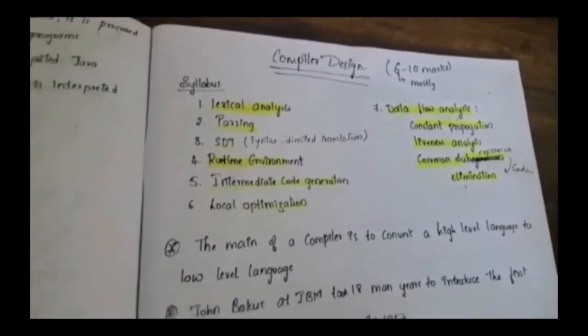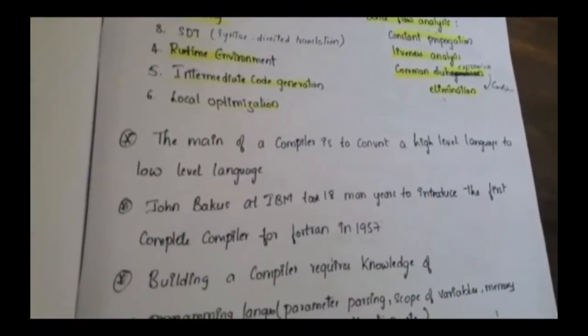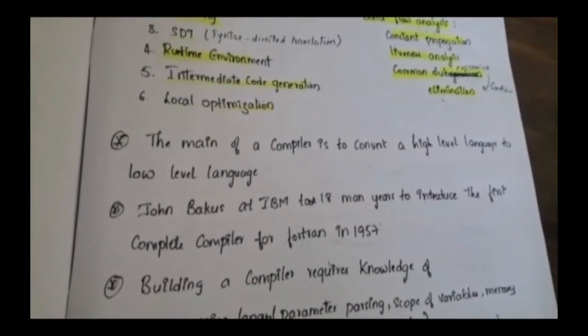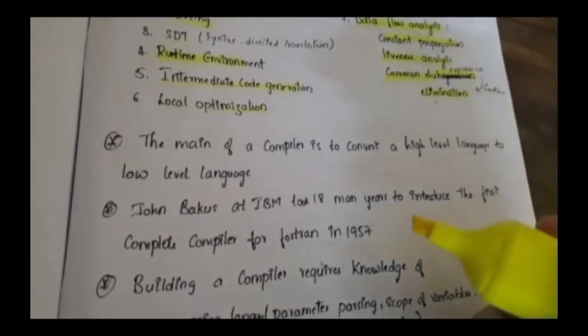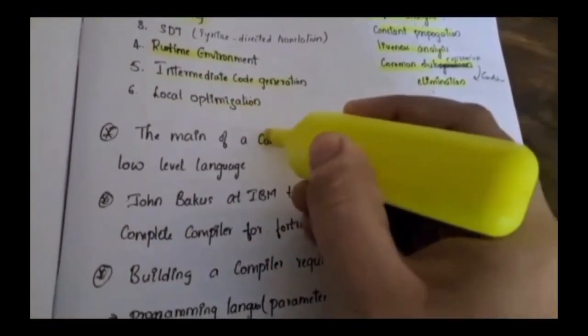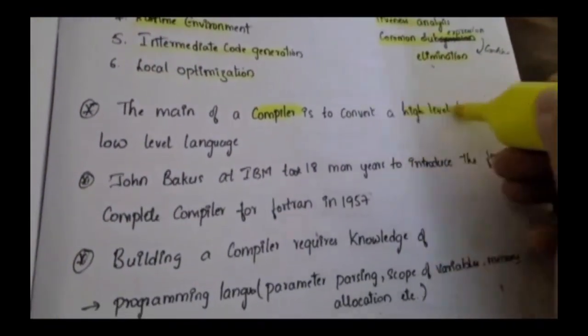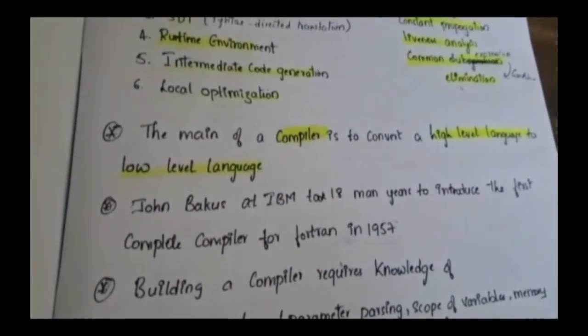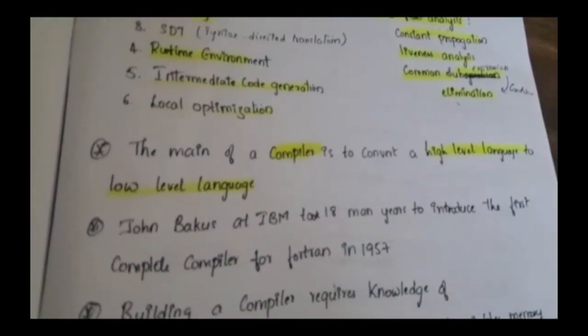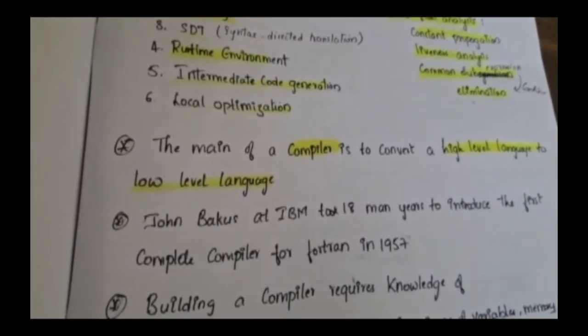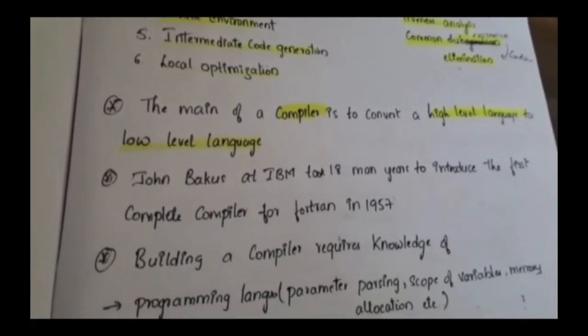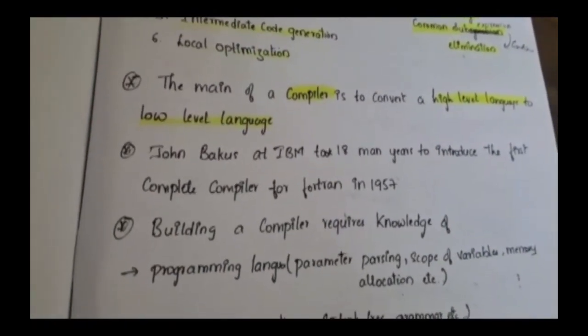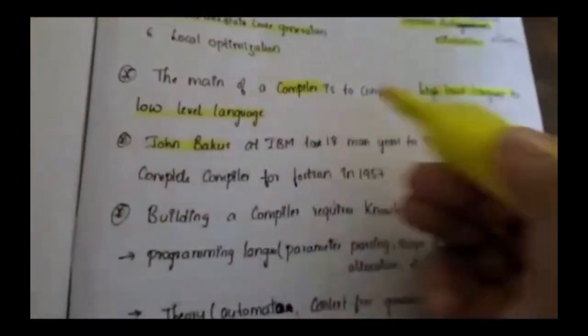Okay. So first, let's understand what a compiler is. A compiler is something that converts a high-level language to a low-level language, meaning it converts a high-level language to an assembler language, you can say. We had someone called John Backus.